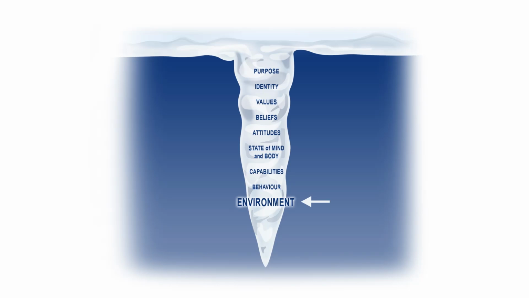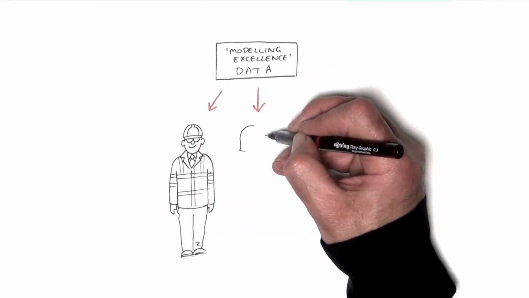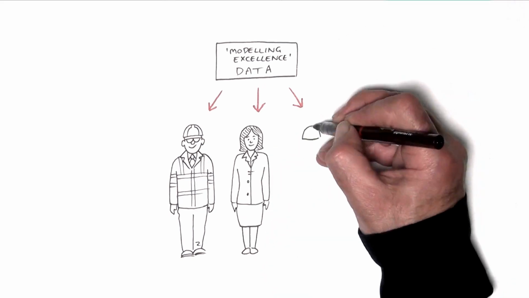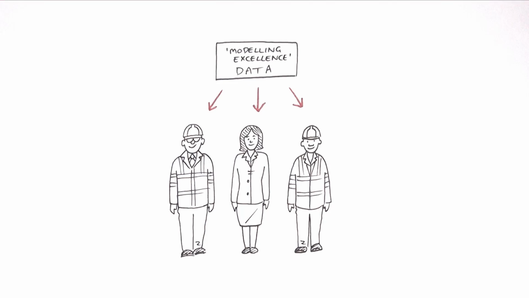It's the stuff that nobody owns, and you can build rapport with the person before you start to shift into behaviours with what did they do, how did they learn how to do that, what state of mind or body, what attitudes do they hold, what beliefs are true to them, what's important to them about doing the job well, what's their sense of self, and for what purpose do they come to work and deliver excellence every day. That modelling excellence process works on the principle that if we take what they tell us and then apply it to our new managers, our new leaders, our new supervisors coming through, if they do the same things too, they'll achieve the same results.